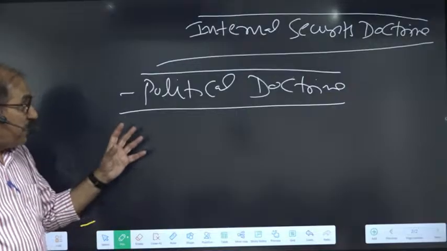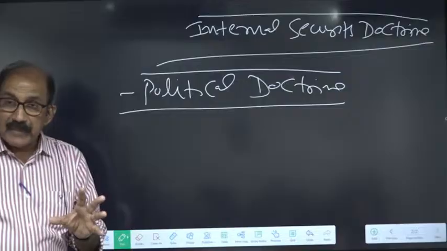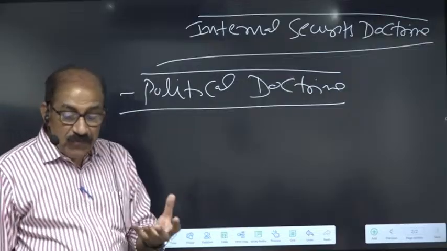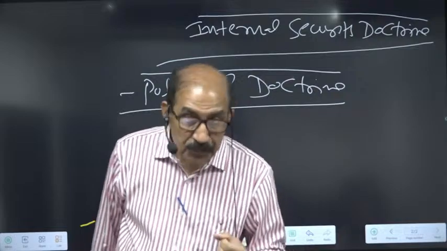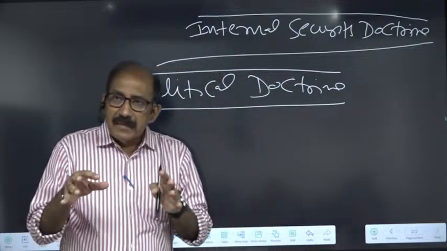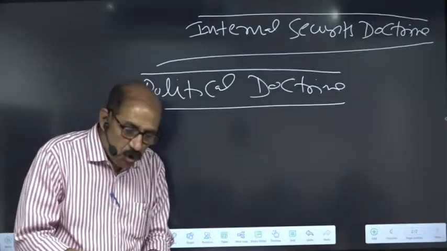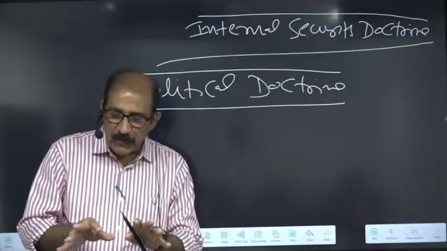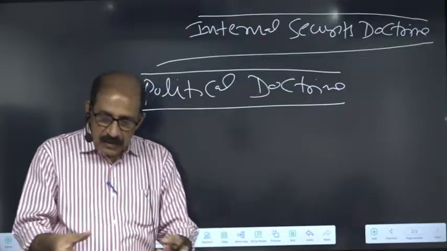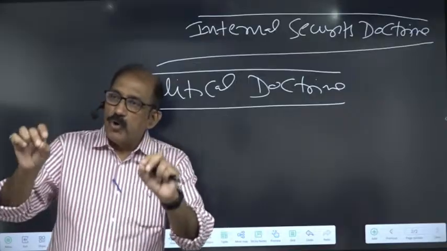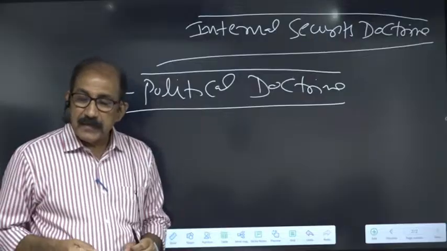So in the political doctrine, we need to mention what should be done and how to deal with the problem of separatism. There should be a clear-cut policy. If somebody is demanding regional or cultural autonomy, that must be considered. For example, the Bodo people wanted some regional autonomy, and we gave them the Bodoland Territorial Council. No issue in that.